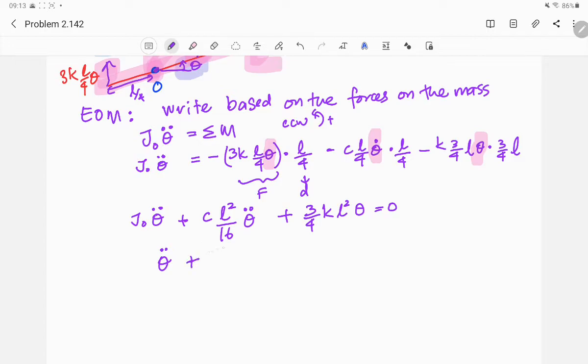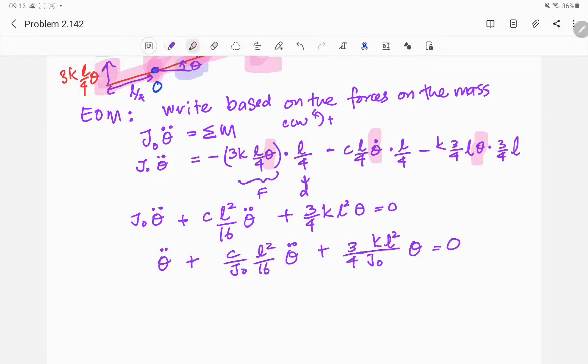So you have J naught L square over 16 theta dot, and then this one as well, you have your 3/4, everything divided by J naught. Alright, so 0 is 0, so everything divided by J naught.